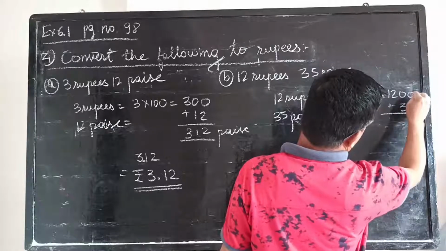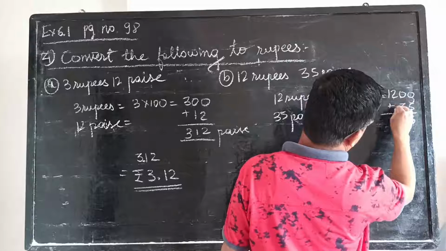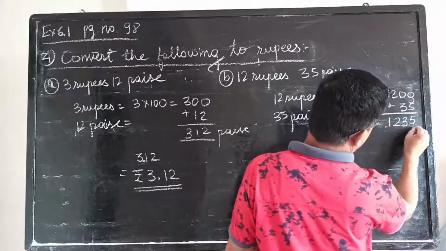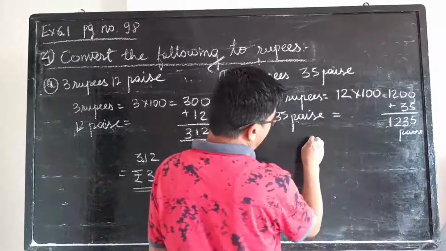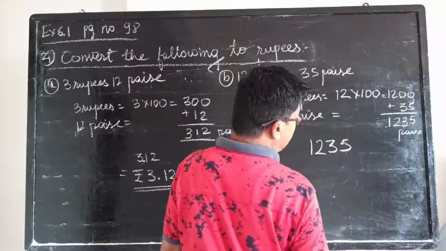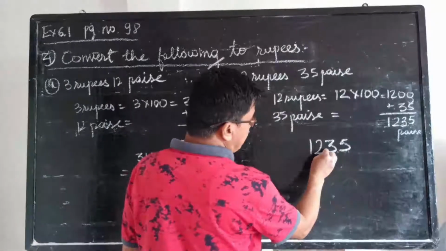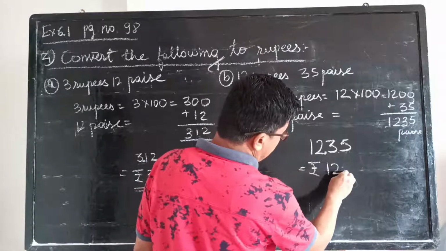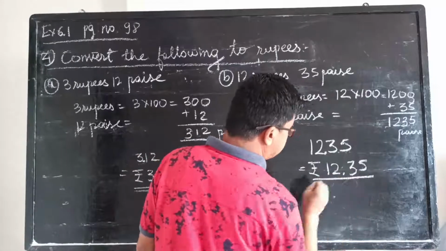Now add 0 plus 5, 5, 0 plus 3, 3, 2 plus nothing, 2, 1 plus nothing here. It is 1235 paise. And write this paise here, 1235 paise. Now from 2 digits from the right you put a dot, and you get rupees 12.35. This is the answer.